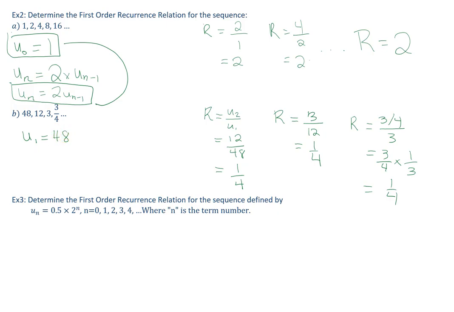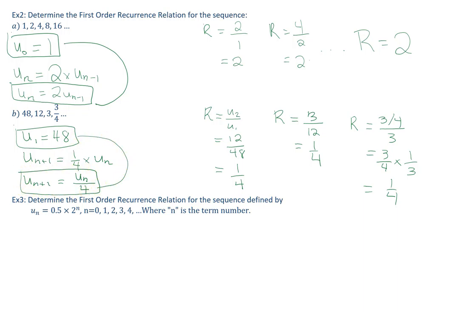Our first term is 48. I'm going to write it using the second notation. I can either write this as a quarter times u_n, or you can think of it as u_n over 4. Those notations in mathematics mean the same thing, multiplying by a quarter or dividing by 4. So these are the most elegant. Together, that's our recurrence relation there.